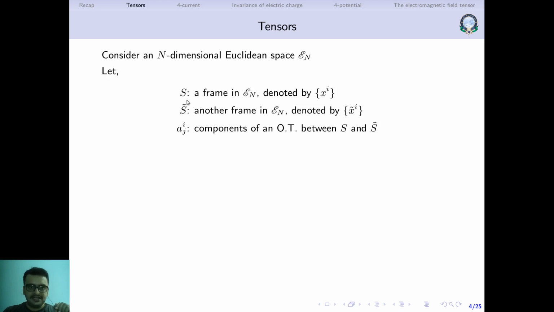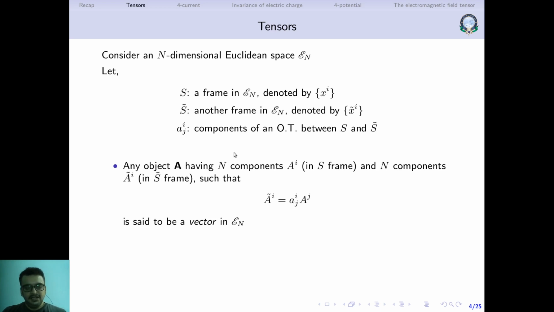Let's say in this Euclidean space S is one frame, and we denote the coordinates in that frame as x^i. And S tilde is another frame, which we denote as x tilde i. These could be two different inertial reference frames. Then a_ij are the components of an orthogonal transformation between S and S tilde.